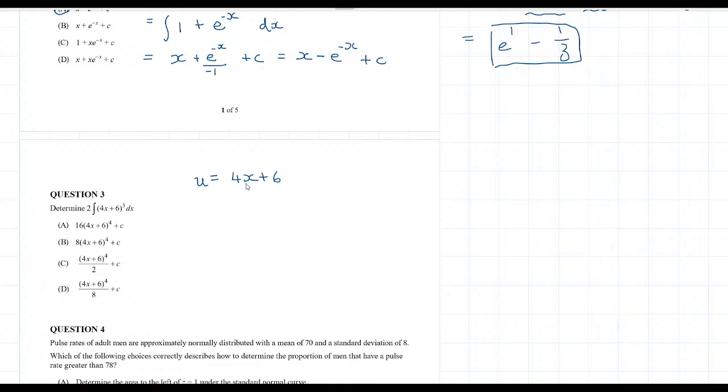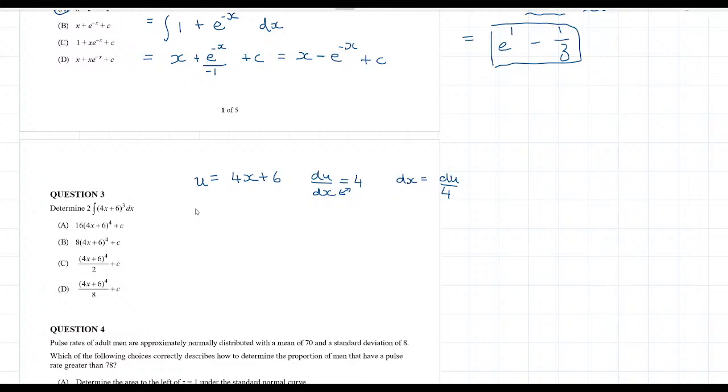So if you let u equal 4x plus 6, that means our du on dx, which means this derived, is going to be 4. So our dx is going to be du on 4. So we have swapped these two over to get what dx equals.